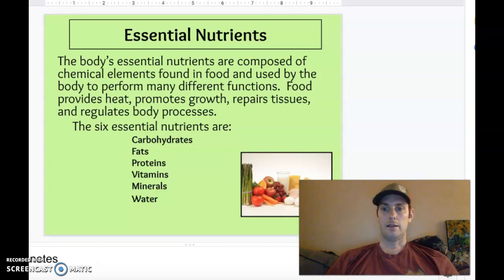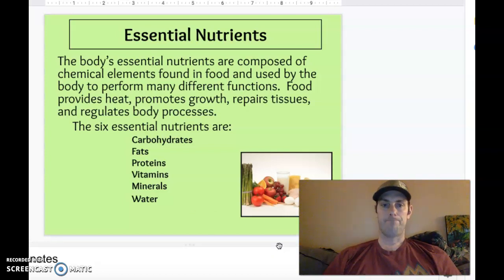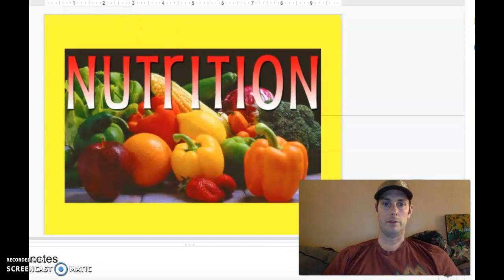I did not yet say the definition of nutrition, but I'm going to say that right now. Nutrition is the way your body uses food. And so that is a good working definition that we're going to use again and again. I should maybe type that in here somewhere so you guys can see it.